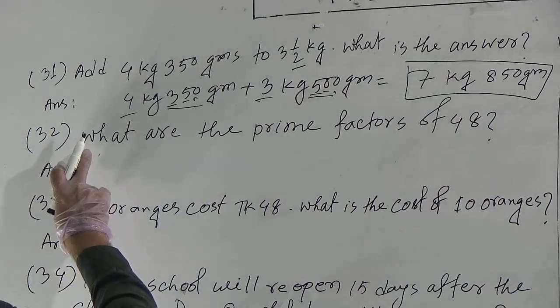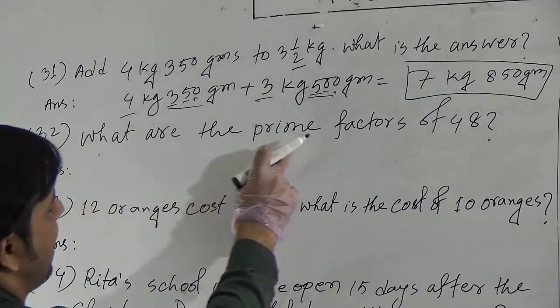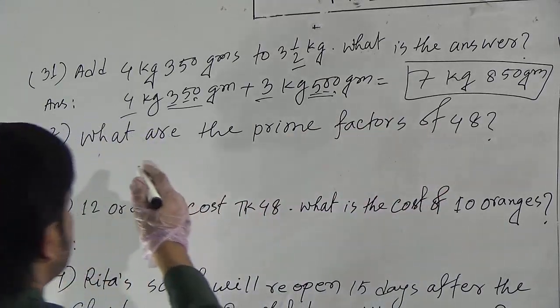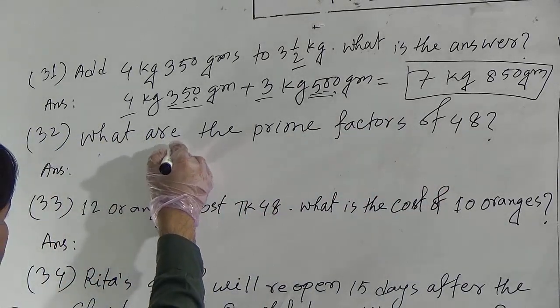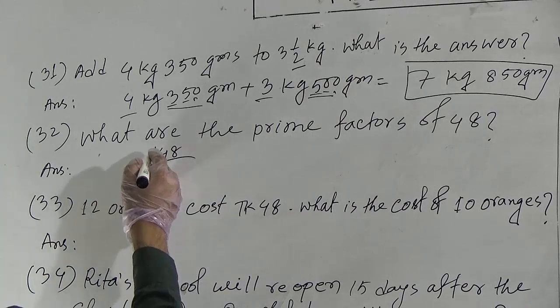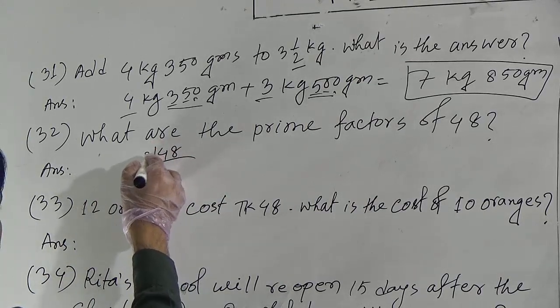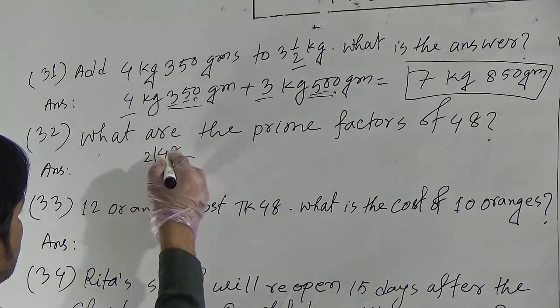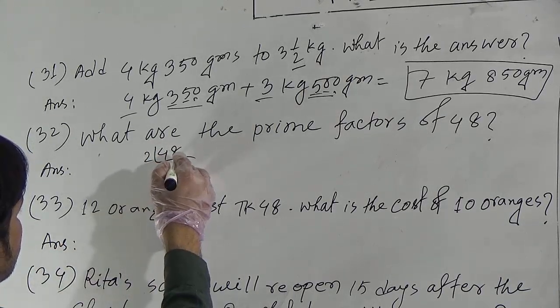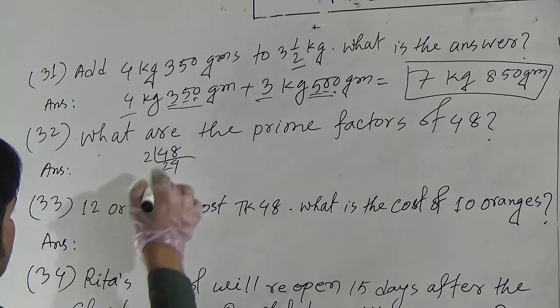Second question, question 32. What are the prime factors of 48? To find the prime factors of 48, we can factorize it using prime factorization. As this is even, we can divide it by 2. If we divide by 2, we get 24.